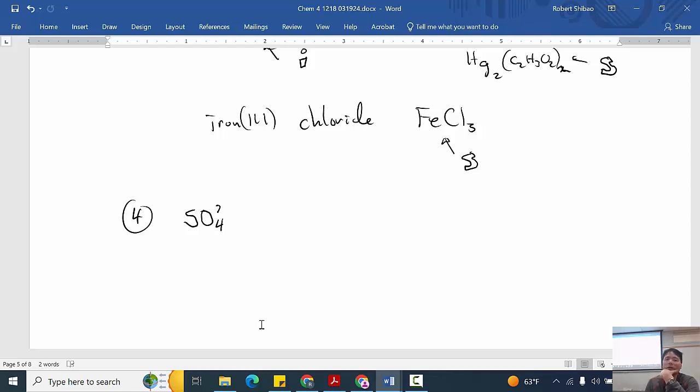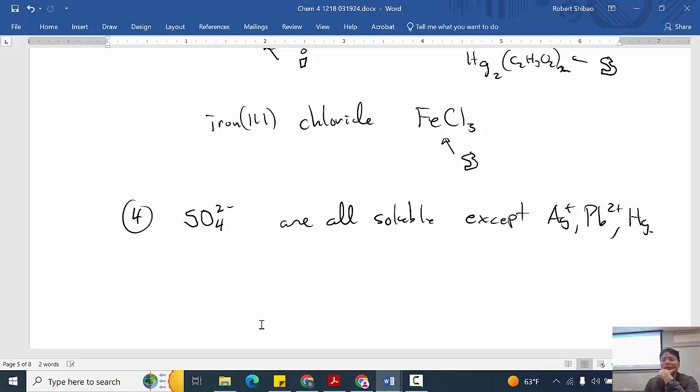SO4 2 minus. Sulfates are all soluble except when paired with silver, lead 2, mercury 1, mercury 2. What's the formula for mercury 2? Hg2 plus. Calcium, what's the formula for calcium ion?